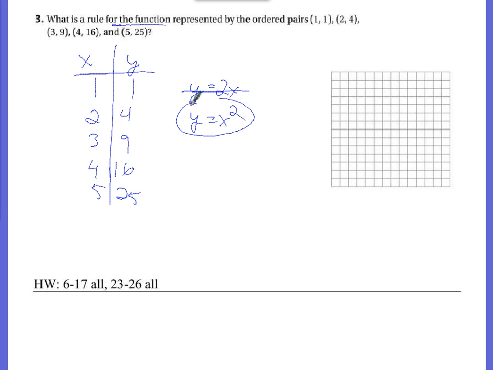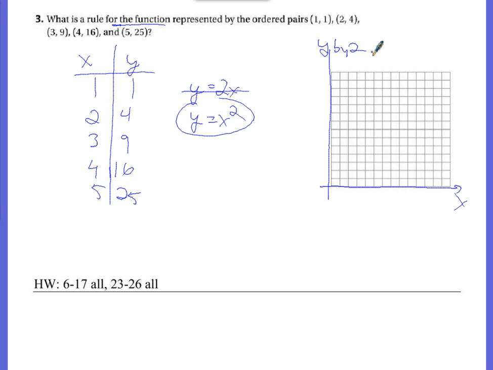Y equals x squared. And then if we're going to graph it, again, we don't have any ordered pairs that are negative here, so the origin can be sitting right here, x and y. I do have all the way up to 25, so I'm going to go by 2's here, just so I get everything on there.